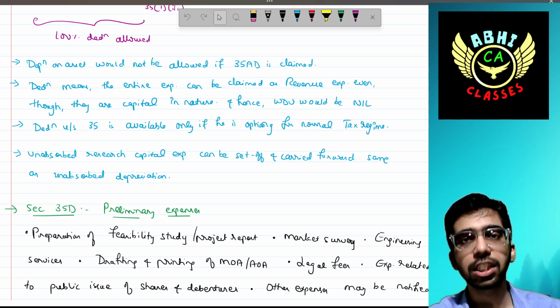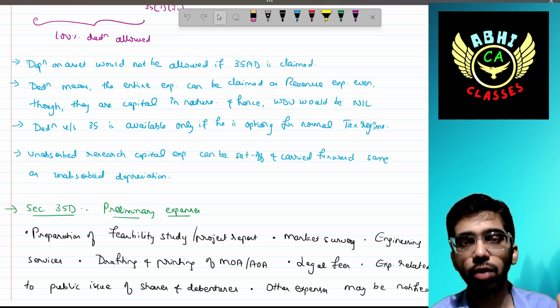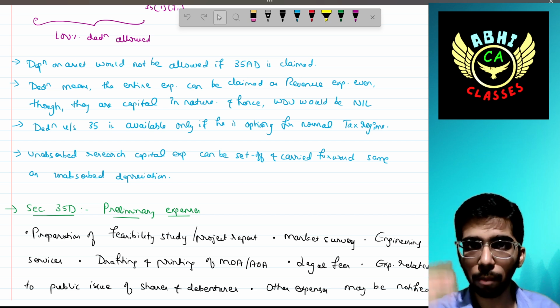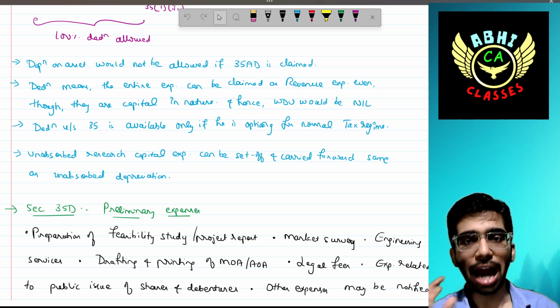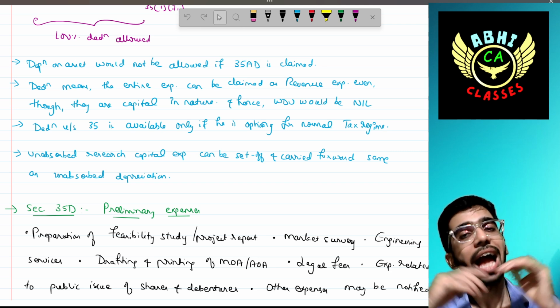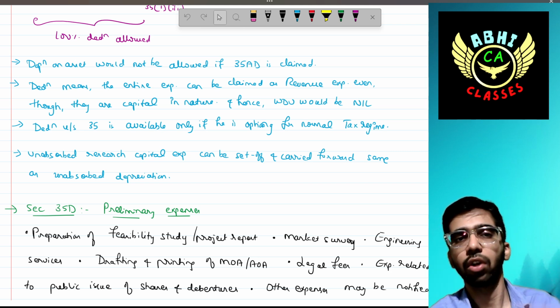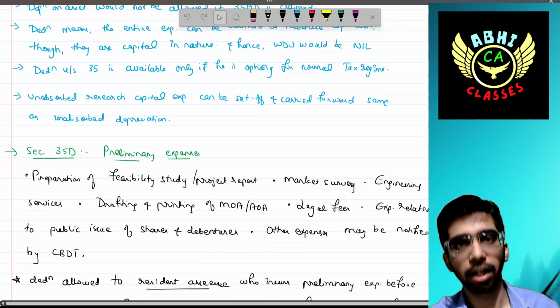You should ignore these provisions. And if you are opting for section 115BAC, the new tax regime, the unabsorbed research expenditures of the last years can be set off and carried forward the same as unabsorbed depreciation, that is to n number of years. Okay, these are the four important points that you should keep in your mind in order to revise.